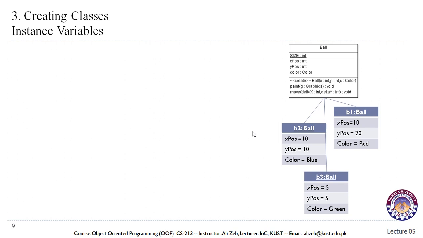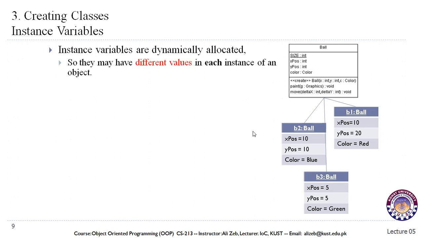Instance variables of the class are the variables that show the state of that class. Instance variables are dynamically allocated, which means that these are different for each different object of the same class. For example, in this class diagram we have a class Ball, with these variables and these methods associated with the ball.